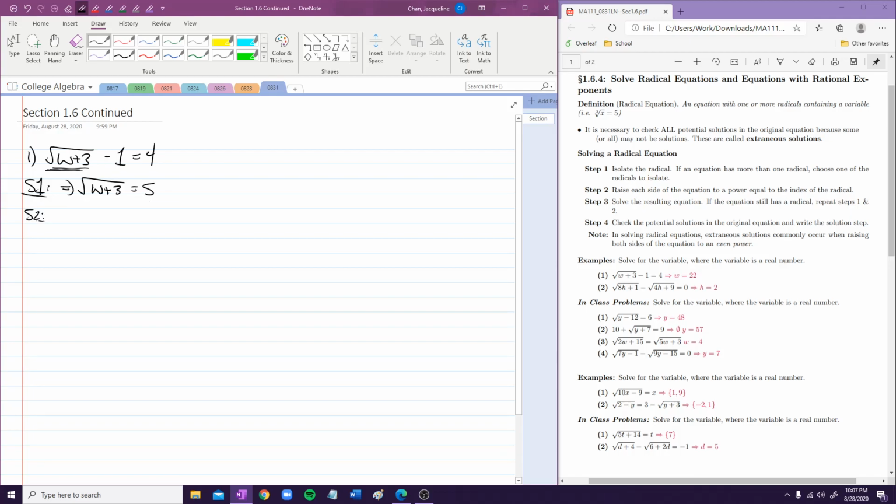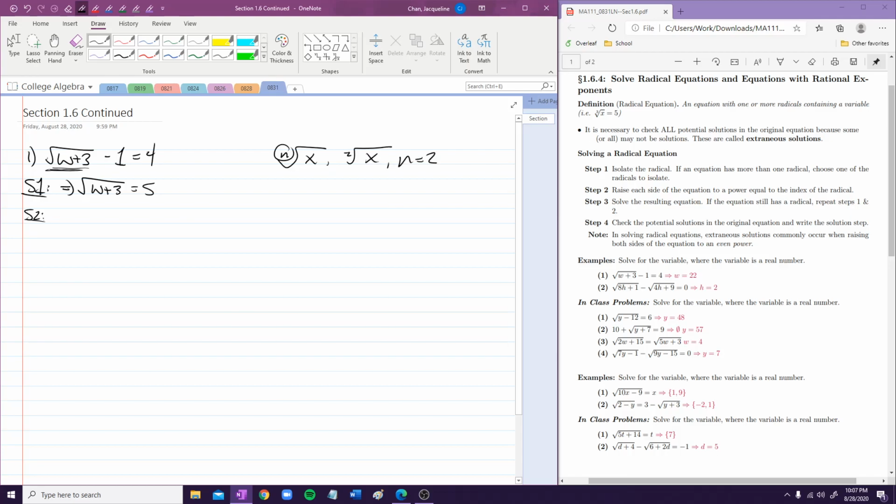Step 2 says raise each side of the equation to a power equal to the index of the radical. So what is the index? This is the index. When there's no index written, that means n is 2.